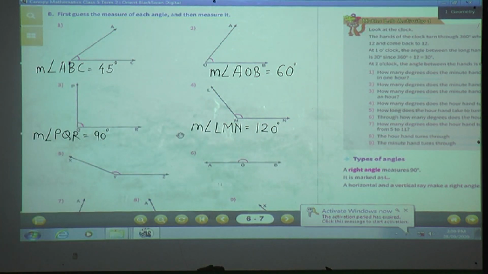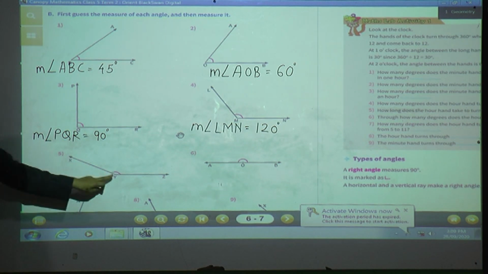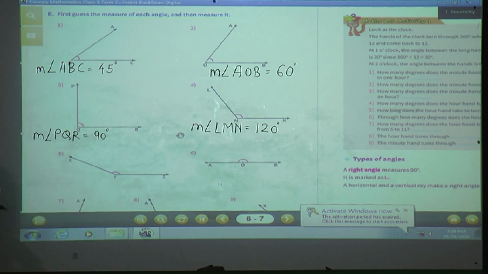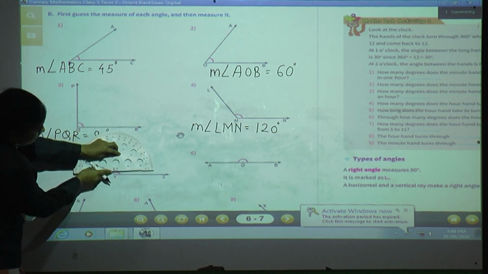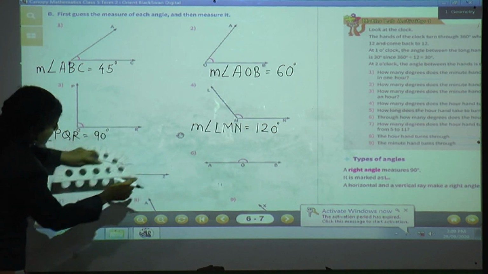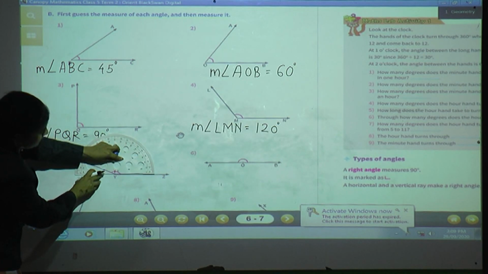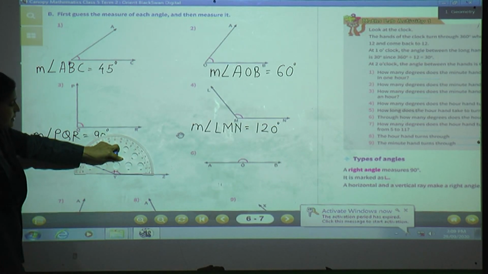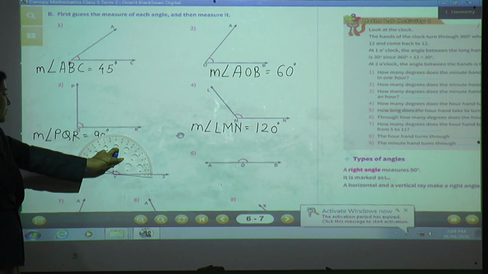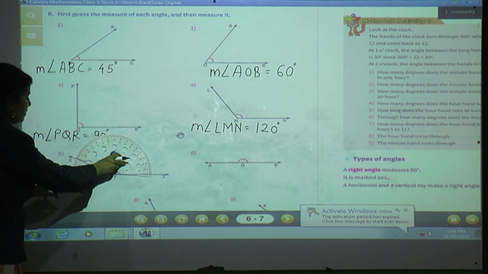Now fifth one, yes, can anyone read the angle? Angle XYZ. Place your protractor's baseline on the ray YZ and the center on the vertex Y. Measure it properly here.